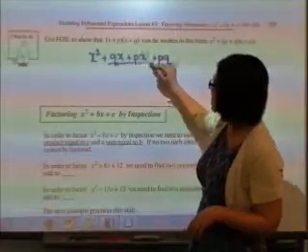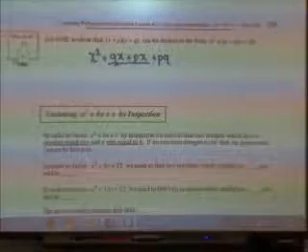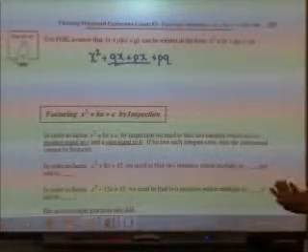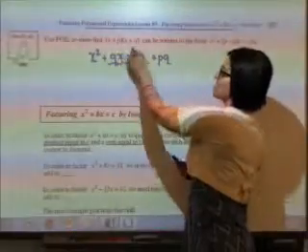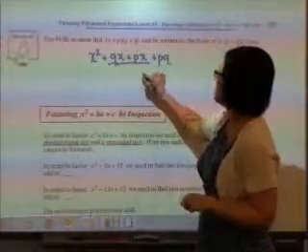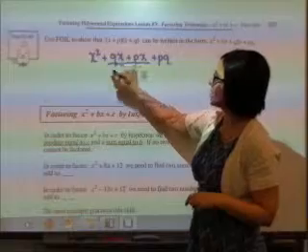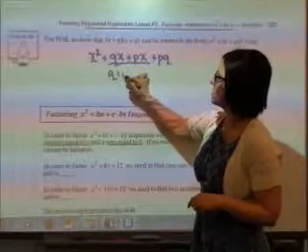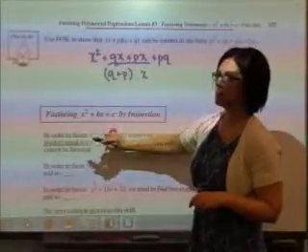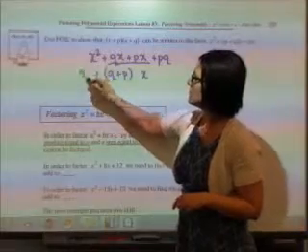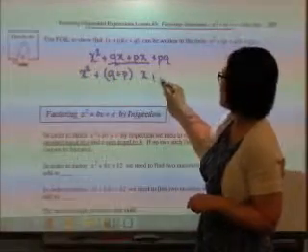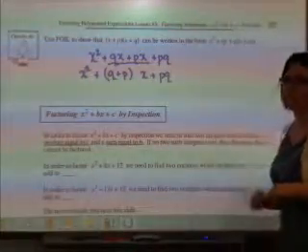Right here, I have like terms, and in a sense, I have common factors. I have an x in common, so if I divided out an x, I'd be left with a q and a p. And there's my simplified form.